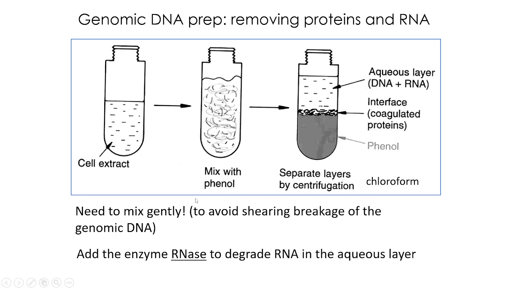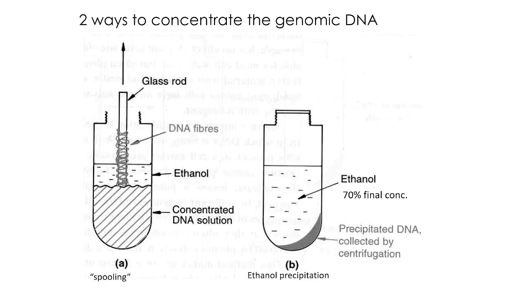You need to mix gently to avoid any shearing or breakage of the genomic DNA. You add the enzyme RNase A to degrade the RNA in the aqueous layer. Also, you can use RNase H to degrade any DNA-RNA hybrid molecules, and then you get only the DNA, which you can concentrate and use.